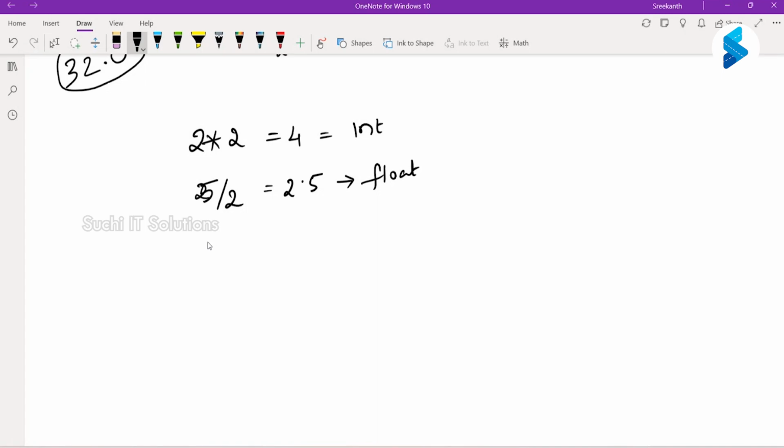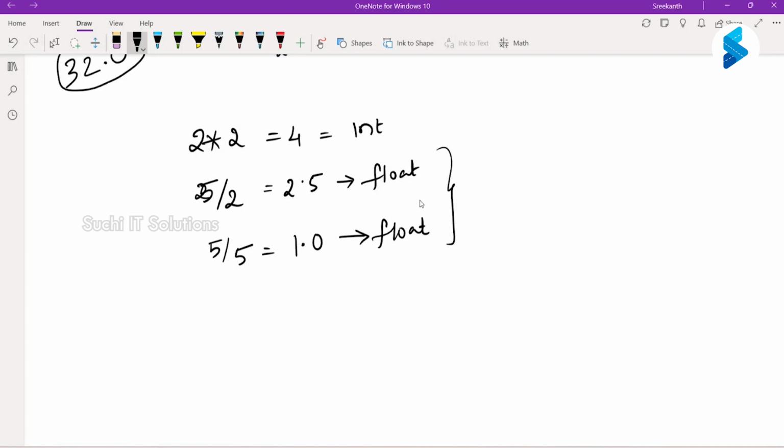In the same way, even if I take 5 by 5, it also results in the float. Every time I use a division, it always results in a float, which is going to be 1.0. Division will always return a float value. Are we clear?